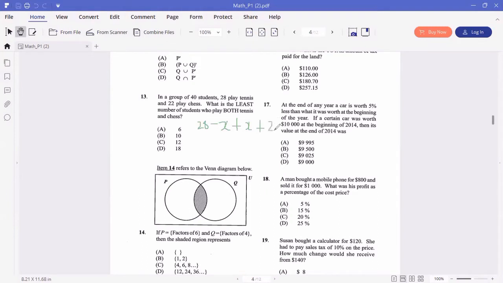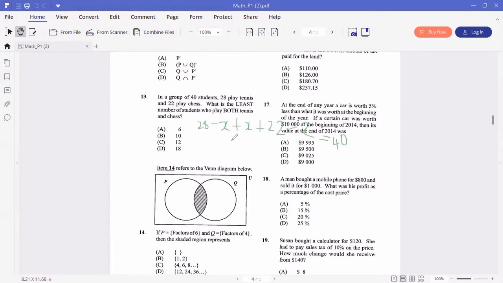Then we have 22 minus X, which would give us the persons who play chess only, and that should equal a total of 40 students. When we realize we need to group like terms.